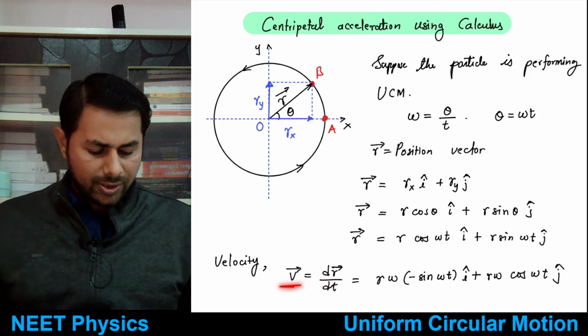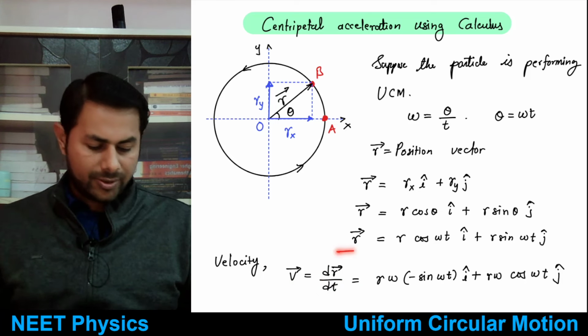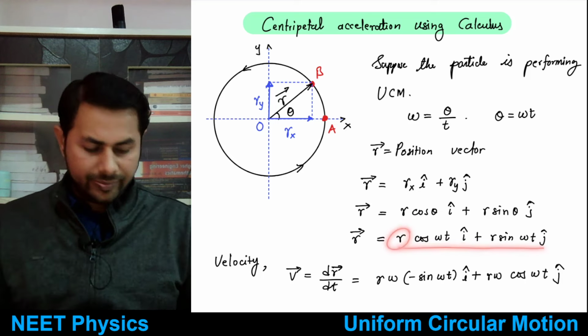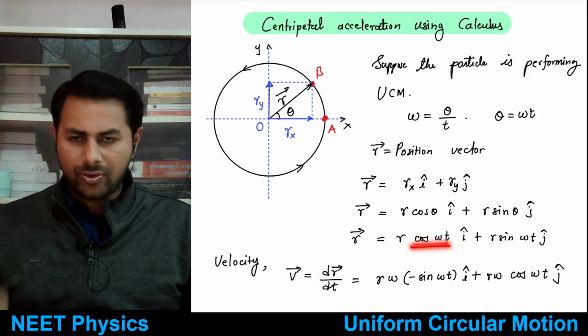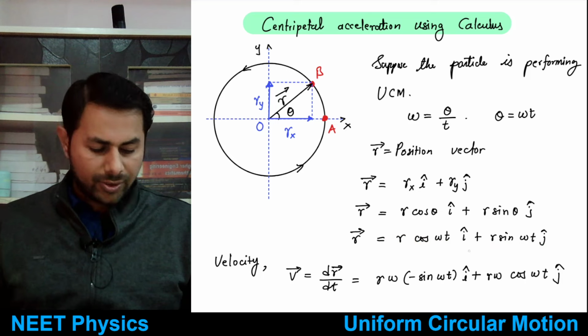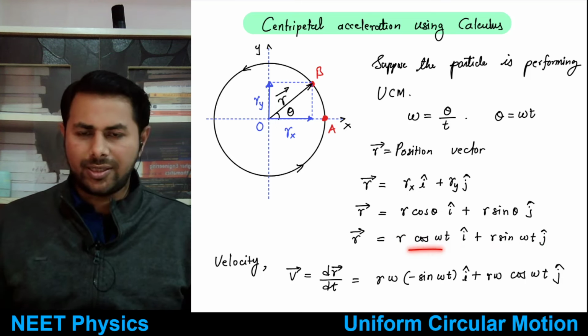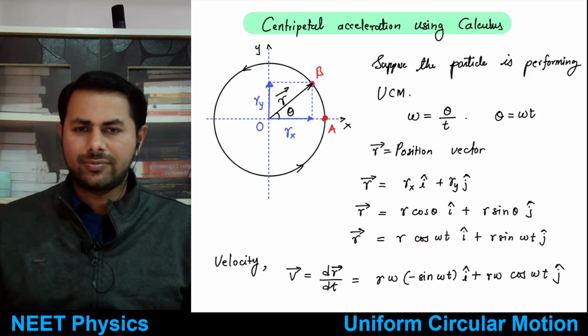So then you need to take the derivative of this thing. r you can take common, and when you take the derivative of cos omega t, what would be its derivative? Who can tell me the derivative of cos of omega t with respect to t?